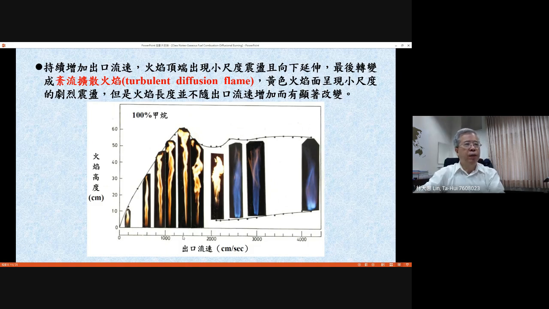Then you can see that when the flame length reaches the highest point in this experiment, about 60 centimeter height, a strong fluctuation starts to occur on the top, and this fluctuation will propagate from the top to the upstream side.